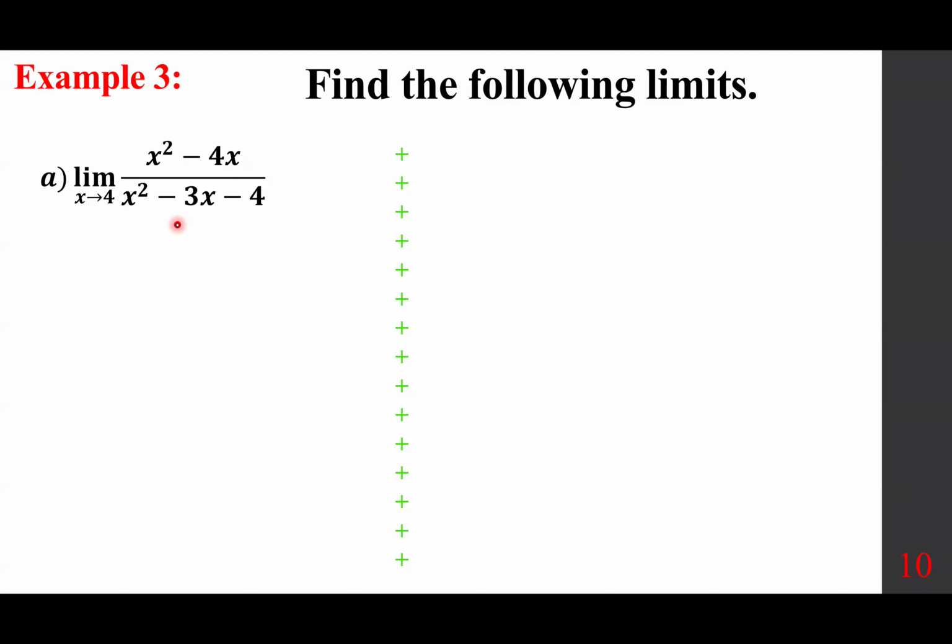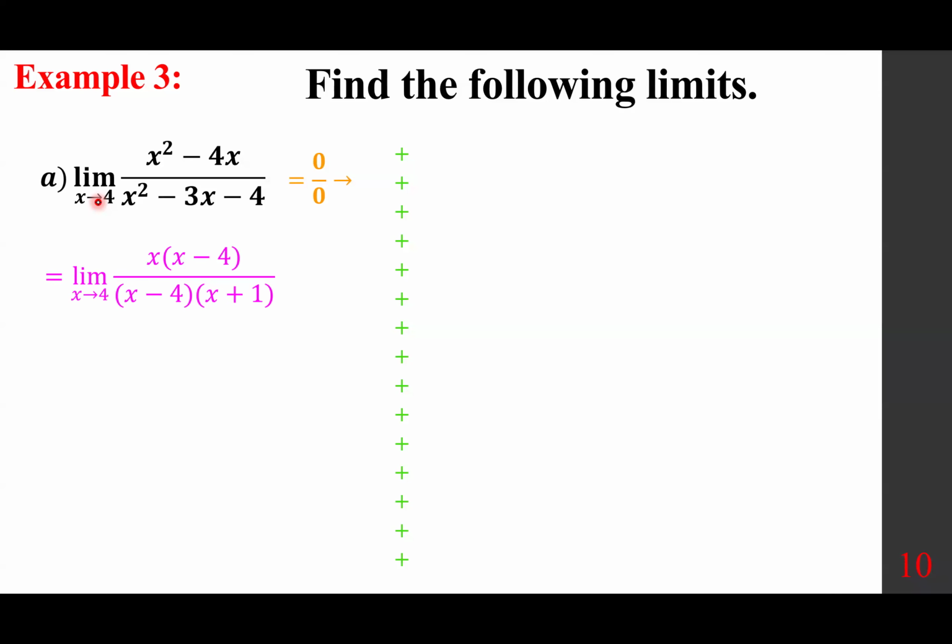All right. We have the limit of x squared minus 4x over x squared minus 3x minus 4 as x approaches 4. First things first, we plug in, we get 0 over 0, which is an indeterminate form. Because x is approaching 4, creating 0 in the denominator, you must have a factor of x minus 4.